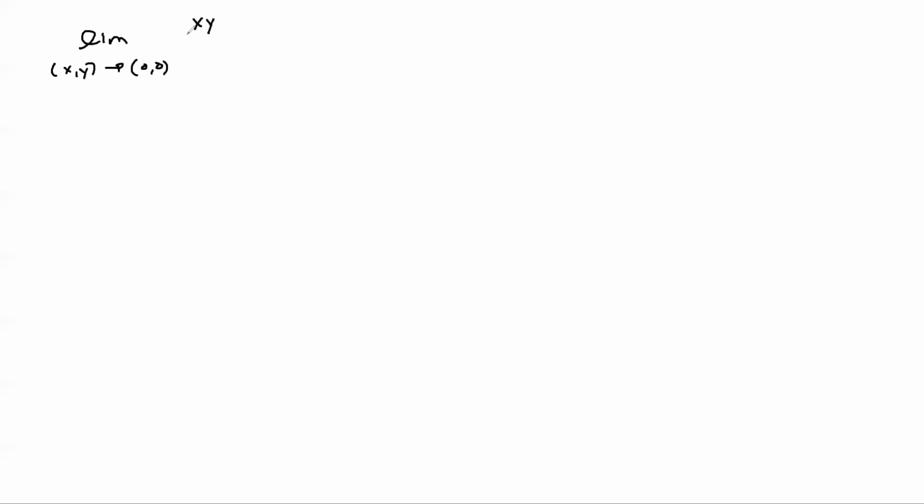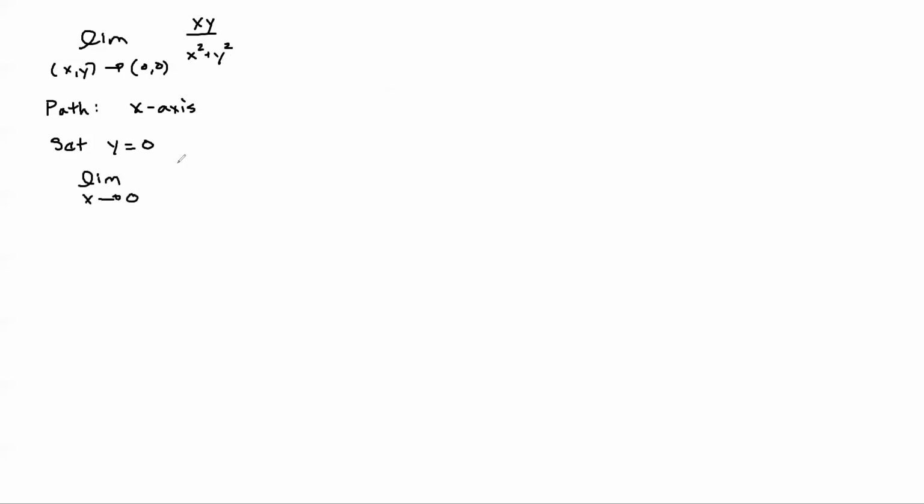And let's say we had xy over x squared plus y squared. All right, and so let's say you're like, all right, I've got to pick some paths. We're approaching (0, 0) again. So hey, how about we try the good old x-axis. To do that, we set y equal to 0. You get the limit as x goes to 0.